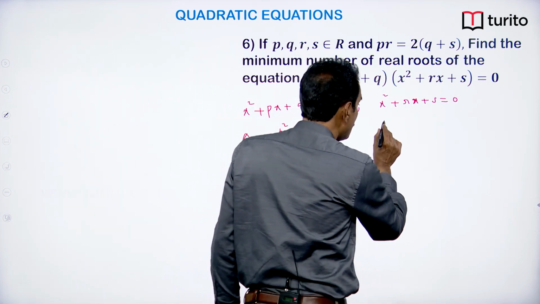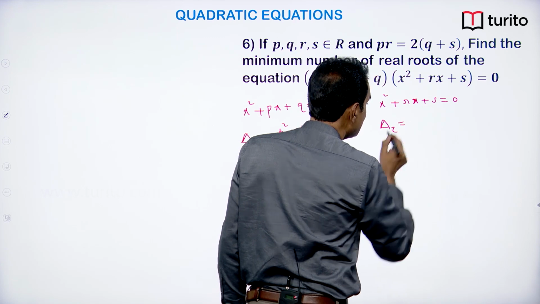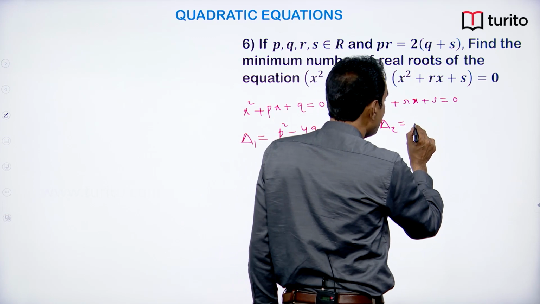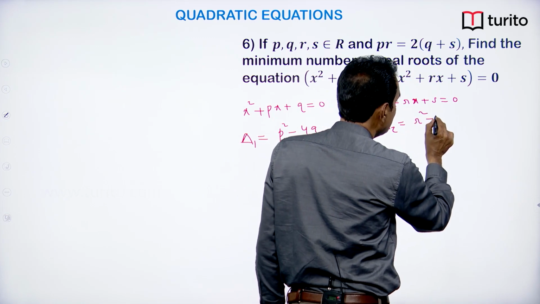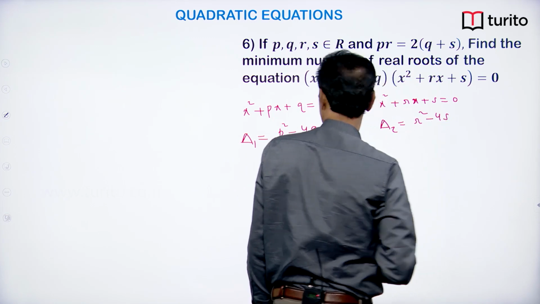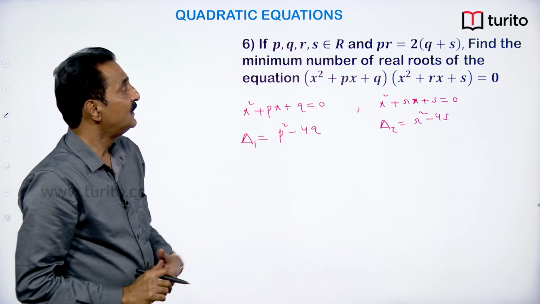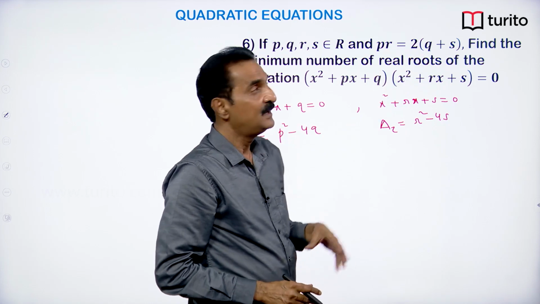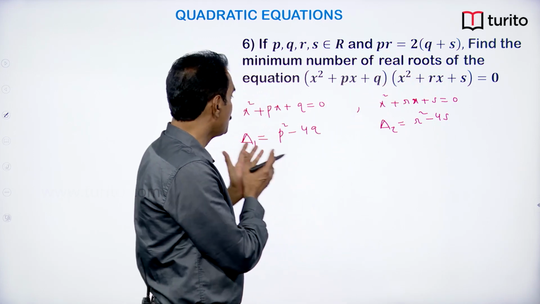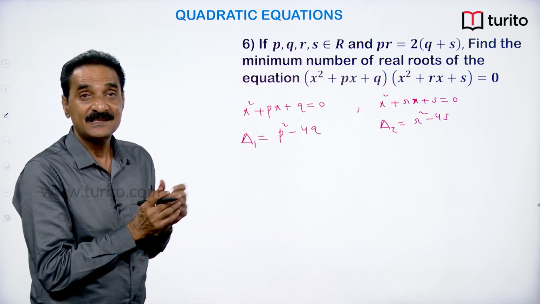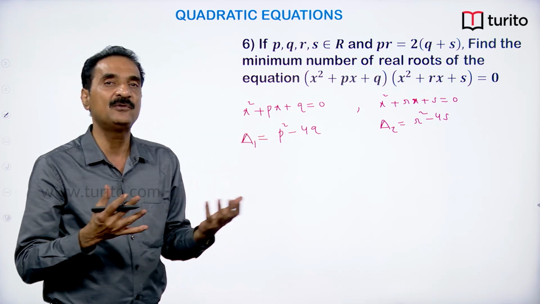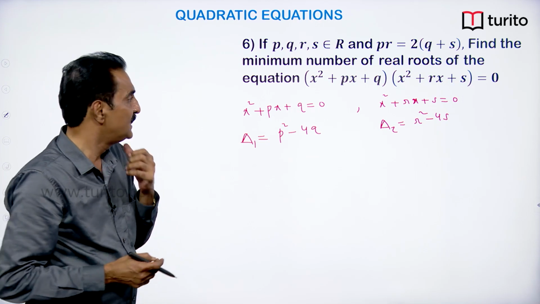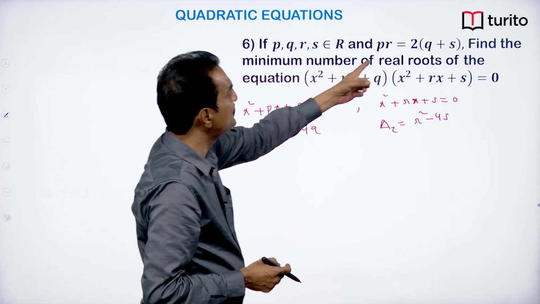Let delta 2 be the discriminant of the second equation. Delta 2 will be r square minus 4s. There is a relation between p, q, r, s given. Using that relation, we have to know something about the signs of delta 1 and delta 2, then only you will be able to tell the minimum number of real roots.